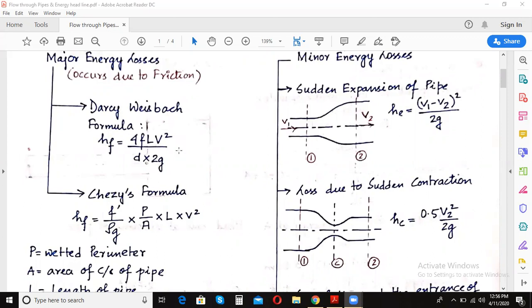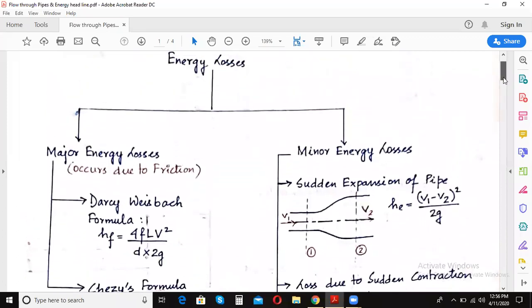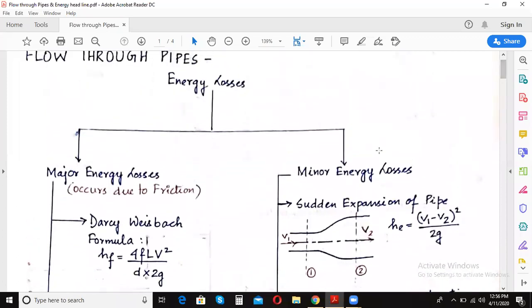So these are the two basic equations with which you will be able to calculate the energy losses occurring inside a pipe only due to friction. Now in the next category, we have the minor energy losses, and minor energy losses will occur due to expansion or contraction in a pipe, okay, or due to bendings or fittings of the pipe, or if there is a certain contracted portion in your pipe.